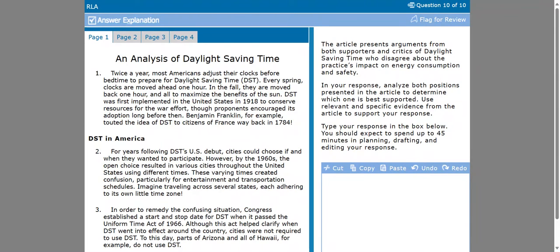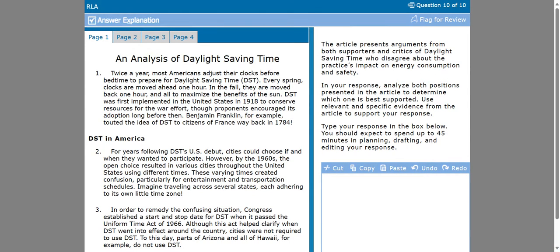And then finally, they have sort of a writing question here with a different passage, an analysis of daylight saving time. In this case, it says the article presents arguments from both supporters and critics of daylight saving time who disagree about the practice's impact on energy consumption and safety.